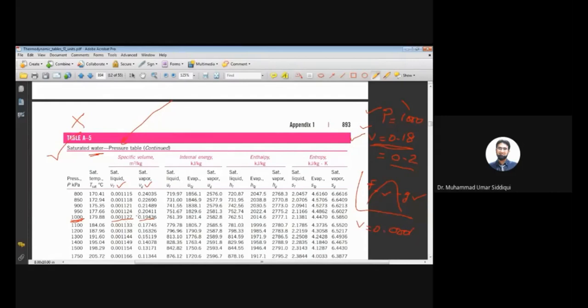So what does it mean? It means we are in the wrong table and we should be in the compressed liquid region. Do you understand here or not? This point is very important. You need to make a decision first, and the decision is: you have two properties, but you don't know, based on these two properties, which state the water is in.